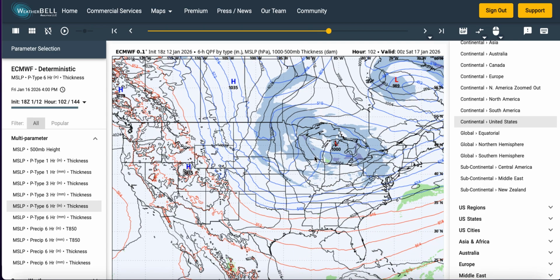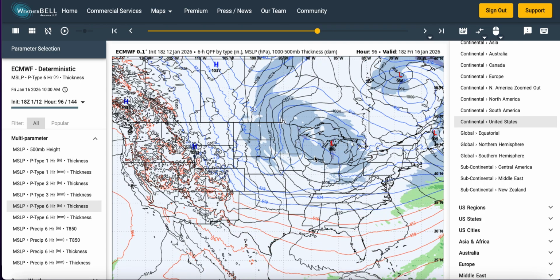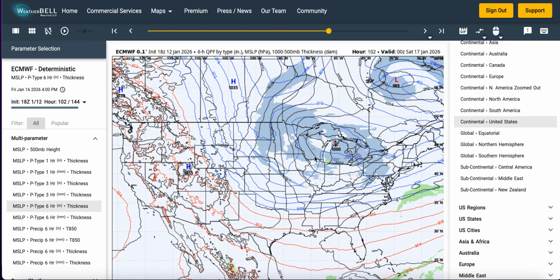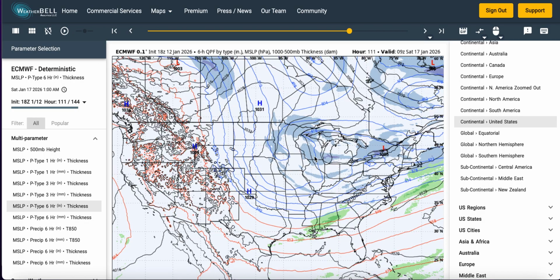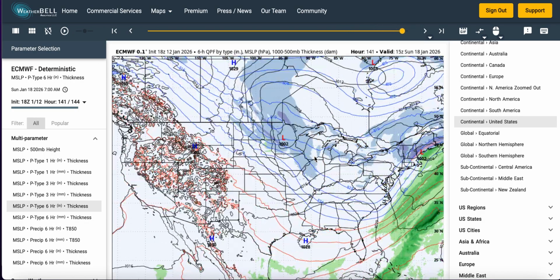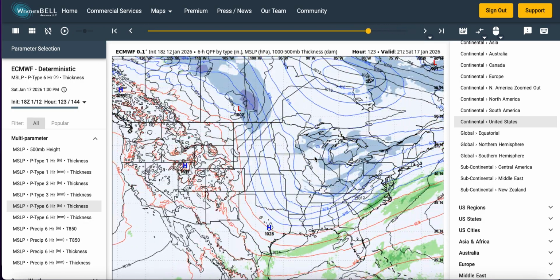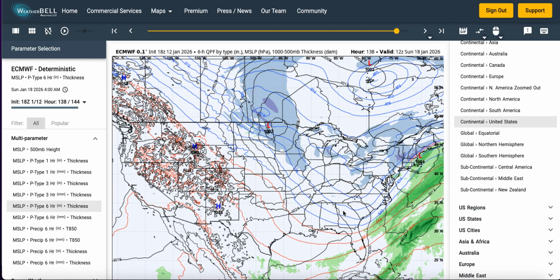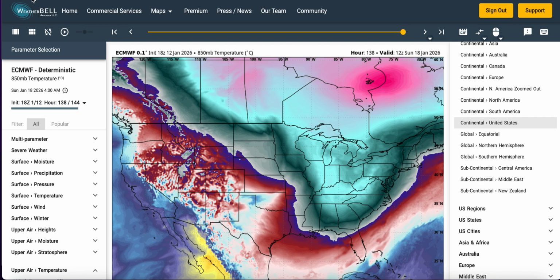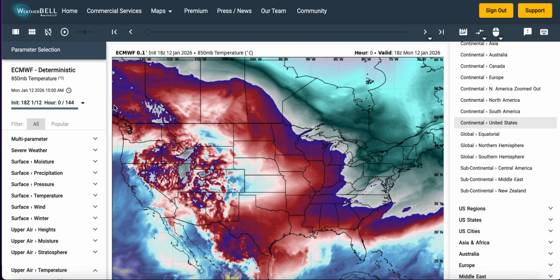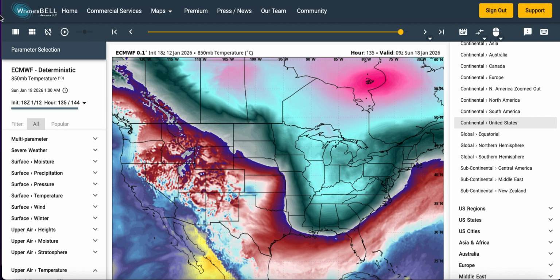We have this pattern continuing to bring just mostly Clipper systems across the upper Midwest into the Northeast. And then a pretty cold push of air again, maybe not as deep, but a pretty cold push of air behind that next system. And you just have basically continued ridging out west.